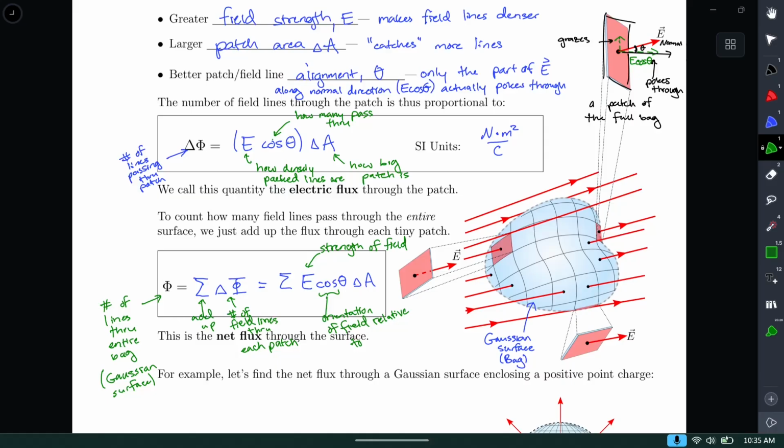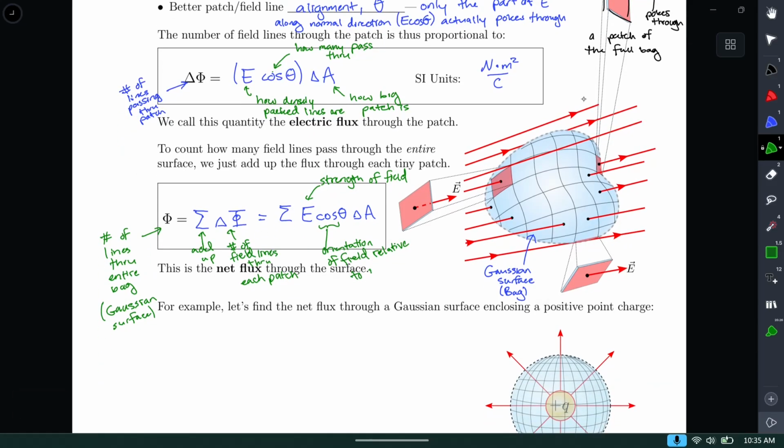And in that case, it's more important to say, is it along the normal, in which case it pokes out? Is it grazing, so perpendicular to the normal, in which case it does not poke out? Orientation of the field relative to the normal of the patch. Normal is another word for perpendicular, like normal force. And last thing is the size of the patch.